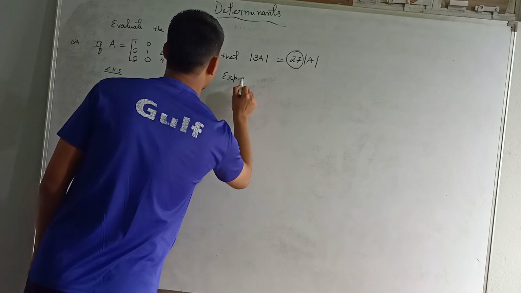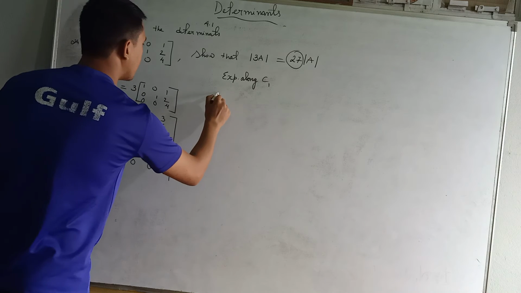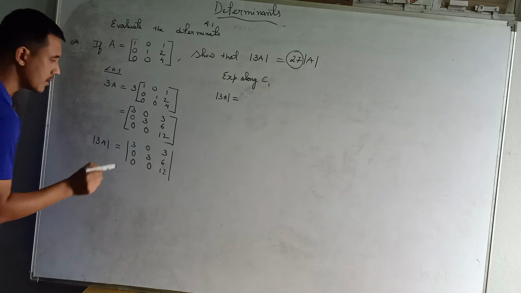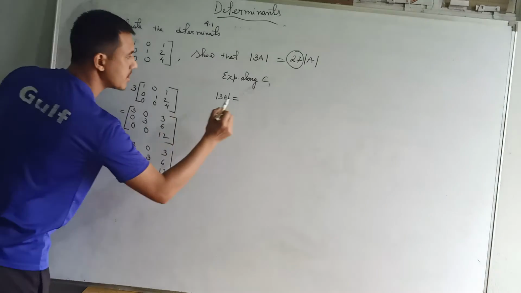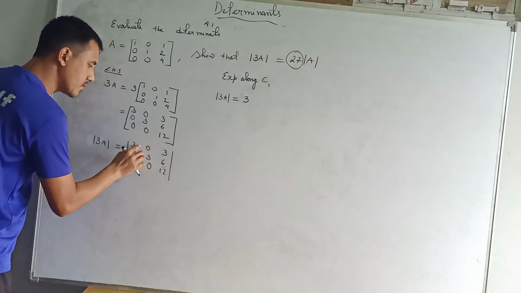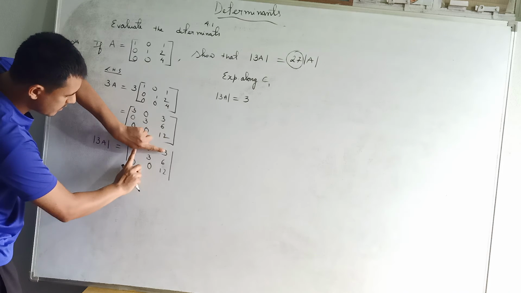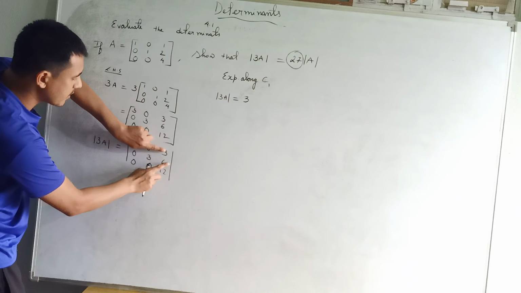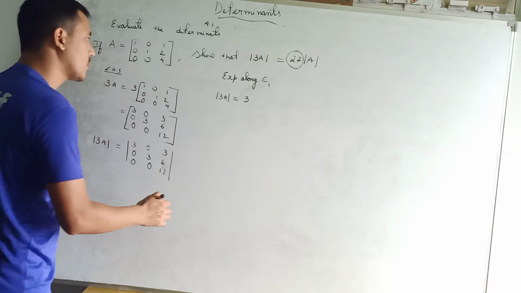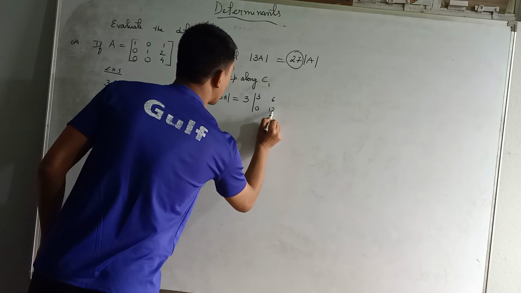So expanding along C1, your determinant now will be equal to: the first entry of C1 is 3. Now 3 belongs to the first row and first column, so you will neglect this row and this column and write the determinant of the remaining values: 3, 6, 0 and 12.